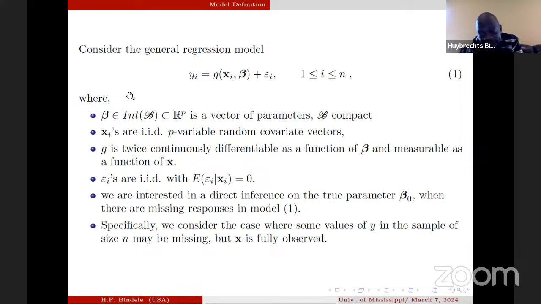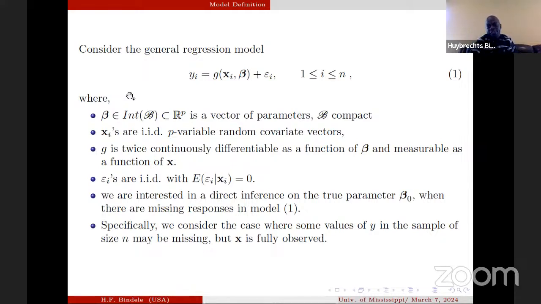On the other hand, missing completely at random, the missingness of an outcome is completely independent of the data itself. While on the other hand, missing not at random, the missingness of an outcome could be happening by the information of the outcome itself.